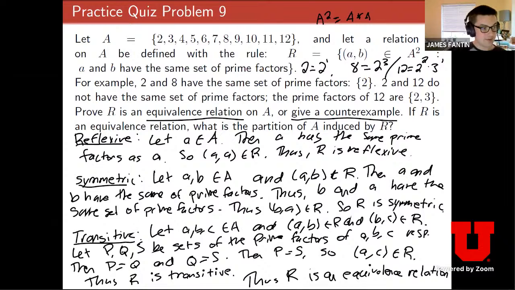So now that it's an equivalence relation, we need to figure out the second part: what's the partition of A induced by R. But before that, anyone have any questions over proving any of these statements, reflexive, symmetric, or transitive, for this relation?